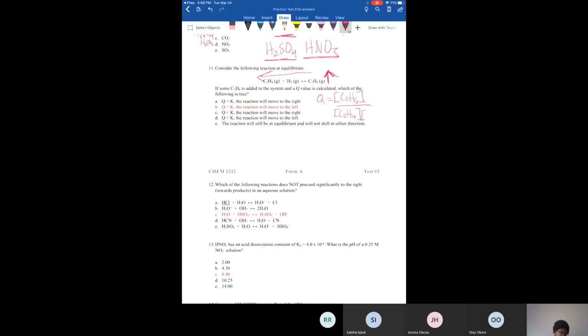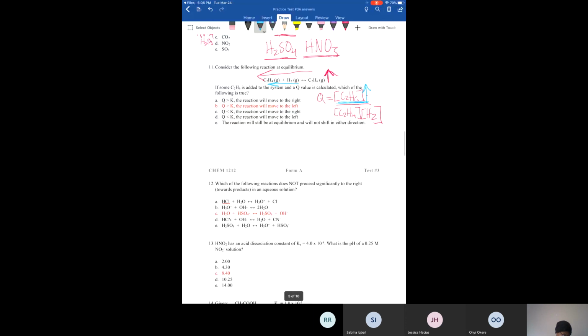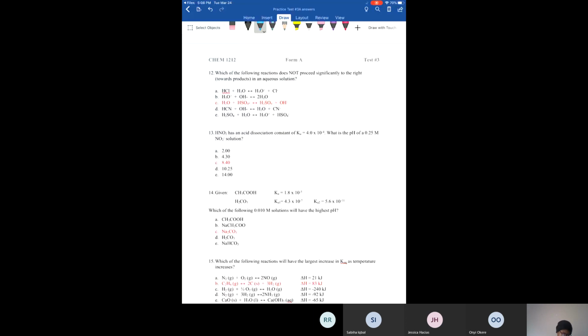Okay. So which of the following reactions does not proceed significantly to the right in an aqueous solution? So it does not proceed to the right. This one can be figured out if you know acid strength.